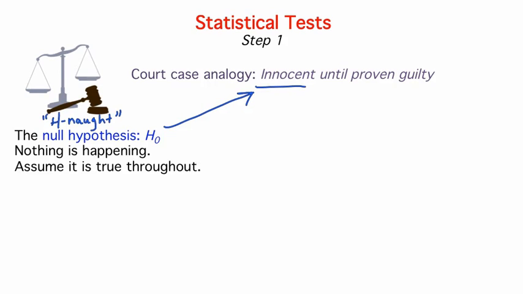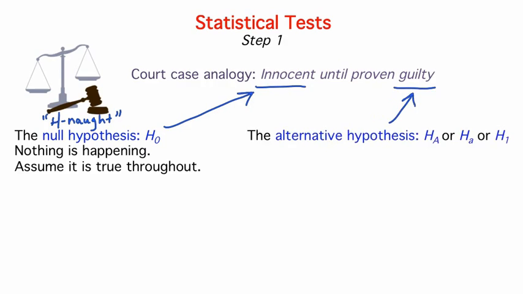Usually in a court case, we're trying to show that the defendant is guilty, and that corresponds to our alternative hypothesis in statistics. Sometimes the alternative hypothesis is called the research hypothesis because it's what the researcher wants to show. The alternative hypothesis is written as an H with a subscript, a lower or uppercase A. That's the notation I prefer.